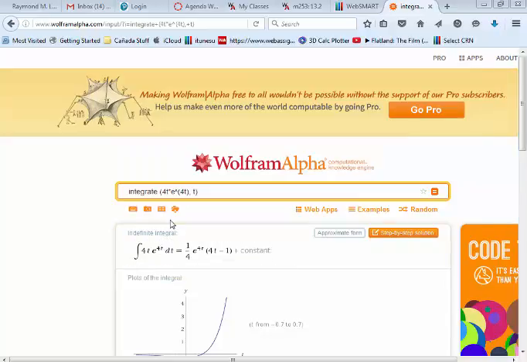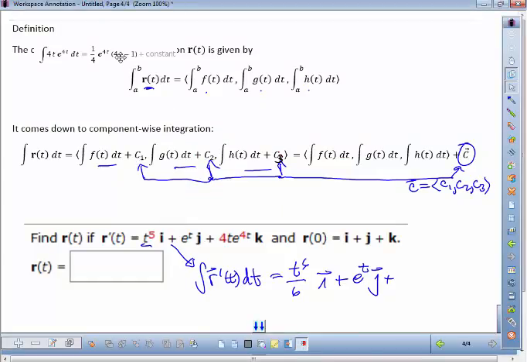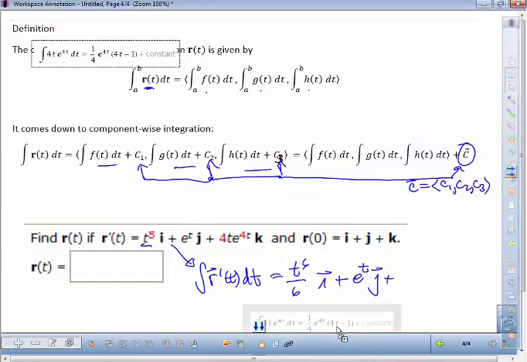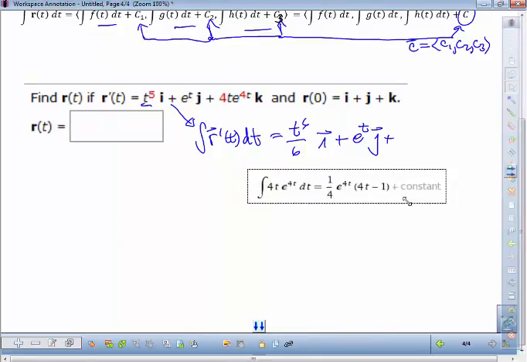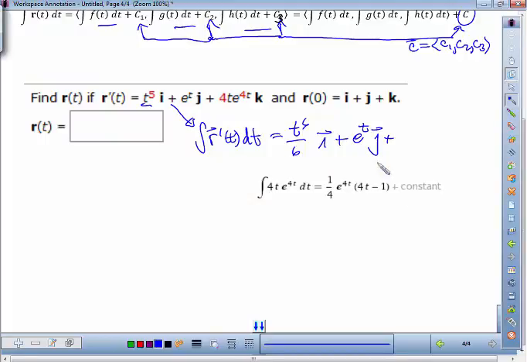So I do expect you to be able to do this, right? Except I don't want to spend too much time on integrating in class. You guys are integral experts already. So if you would have done the integration by parts, you would probably say t e to the 4t minus 1/4 e to the 4t.